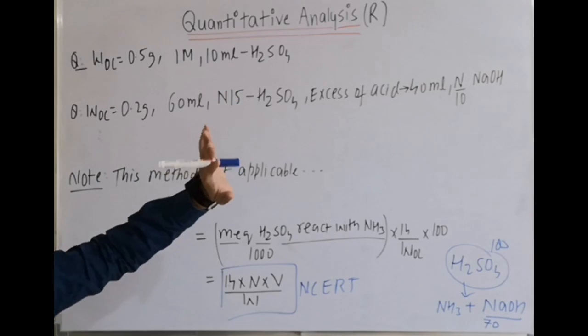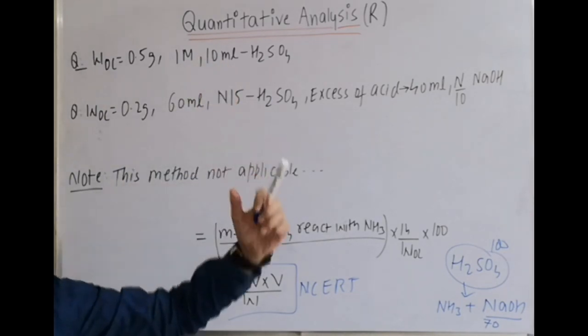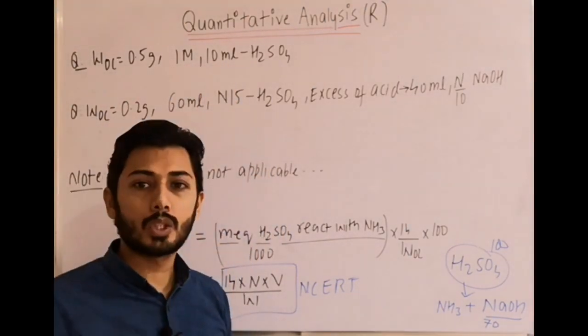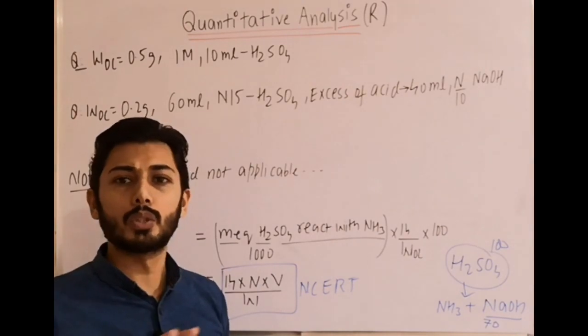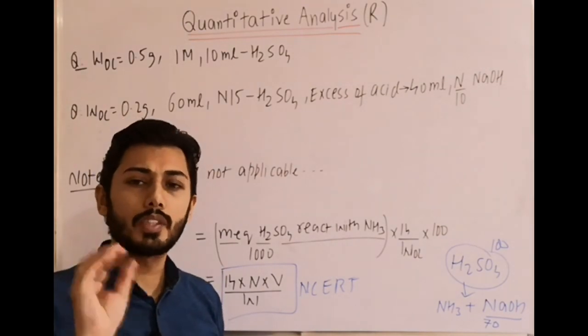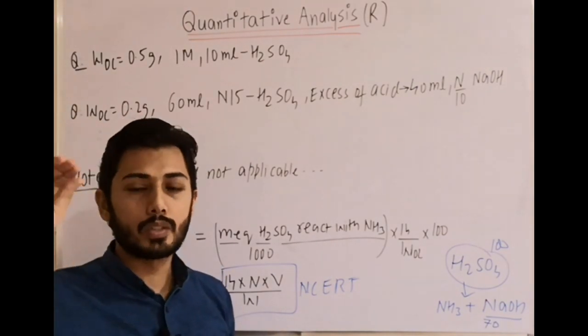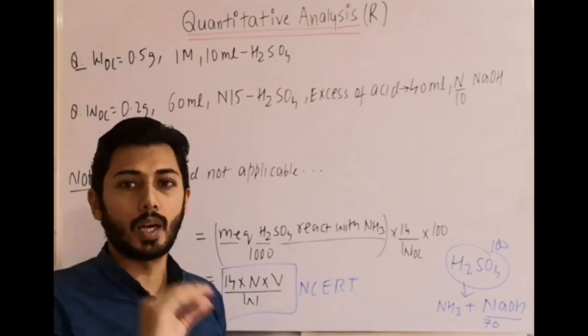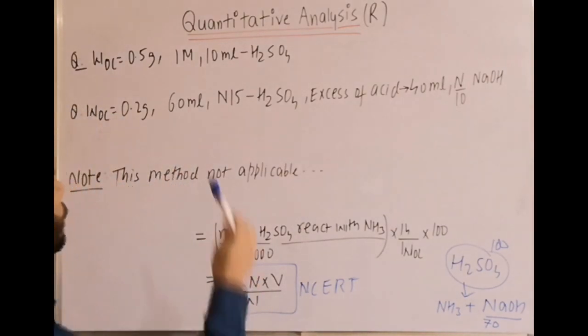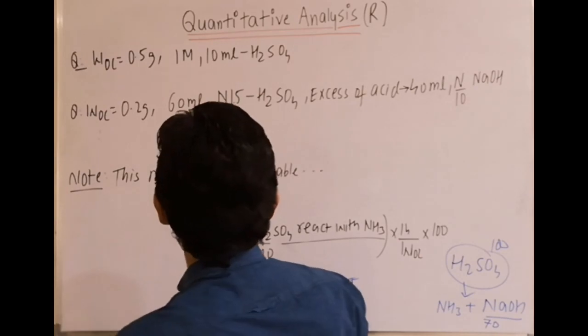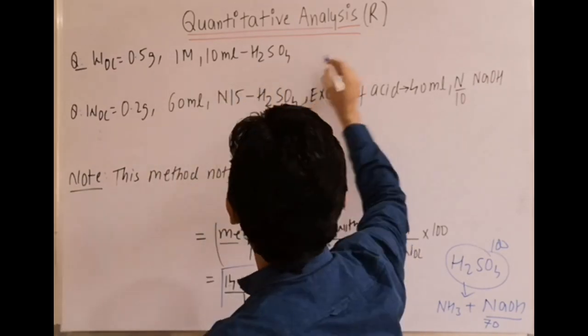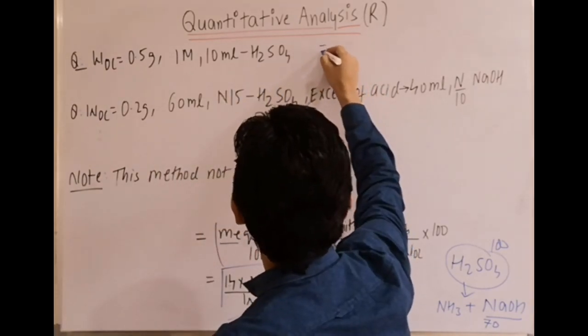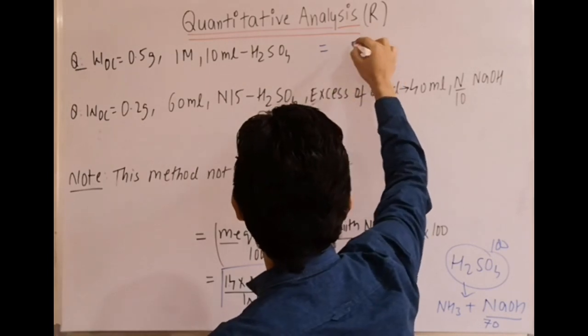That means only that information is given, from which we can infer that excess of acid or NaOH is not given. So why should we consider any other formula? We simply consider milliequivalents of H2SO4 reacted with ammonia. Here molarity is given, so we can convert it into normality, which is multiplied by 2.